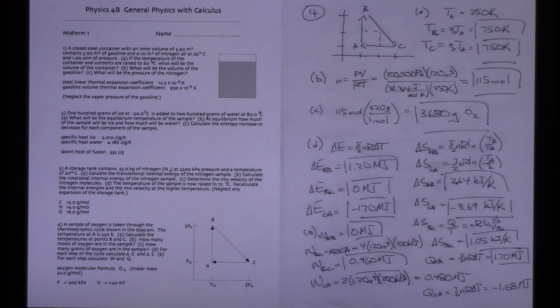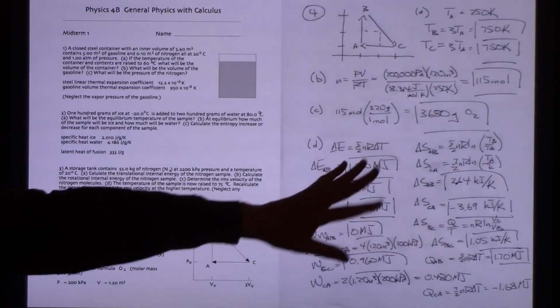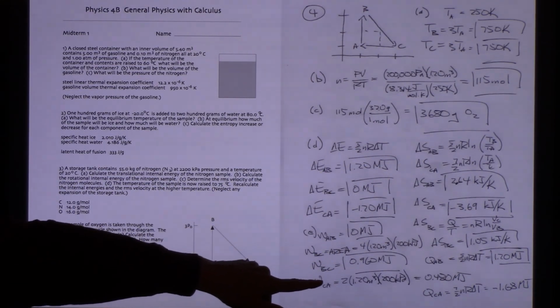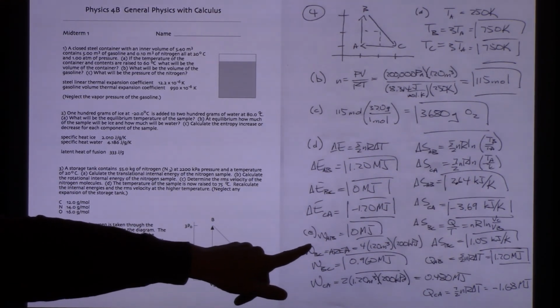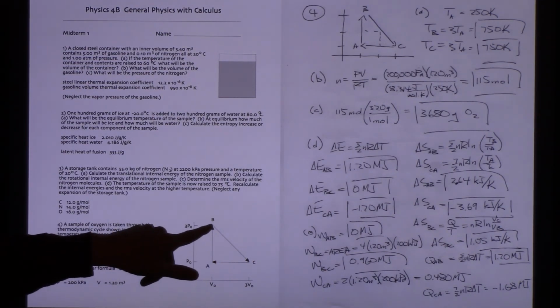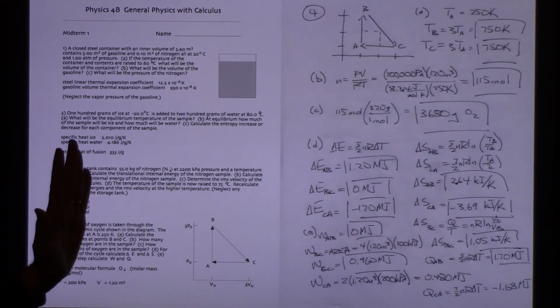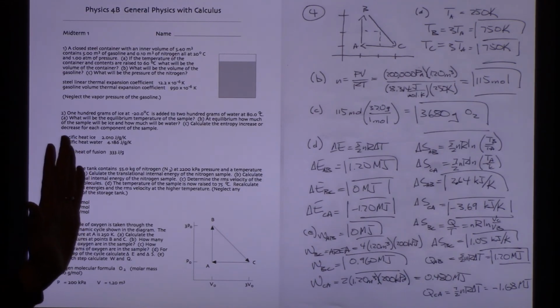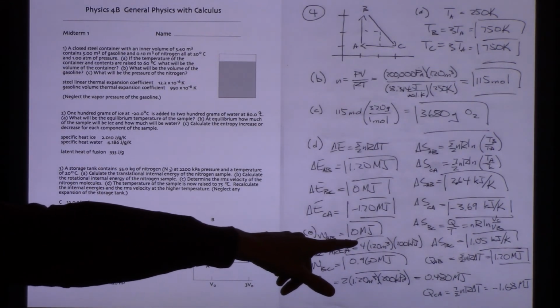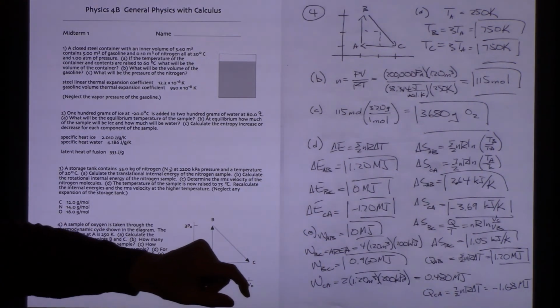Let's see, what's the next best thing? Delta S is hard. I'm going to drop down here and do work. A to B is constant volume. If it's constant volume, it's 0 work, so there was no energy brought in through work during that process.